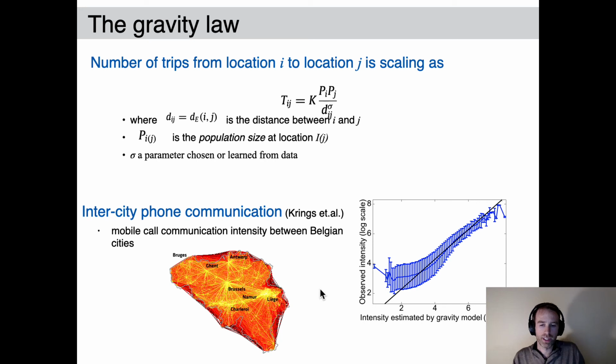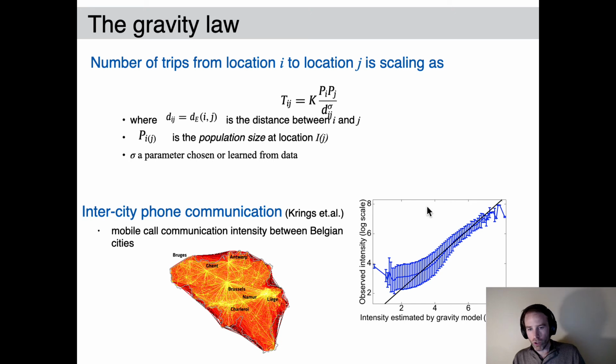So basically what this tells you is that the number of interactions between two nodes, between two cities in this case, depends on their distance and their total population. Similarly, these two cities, which are relatively big, do not have a strong link between them because they are far away. Okay, so the distance has clearly an influence.